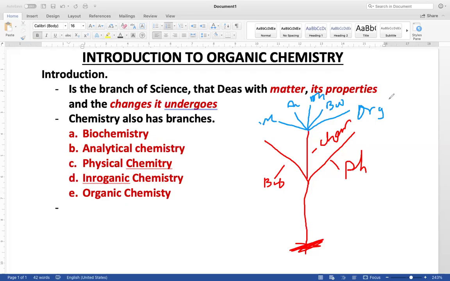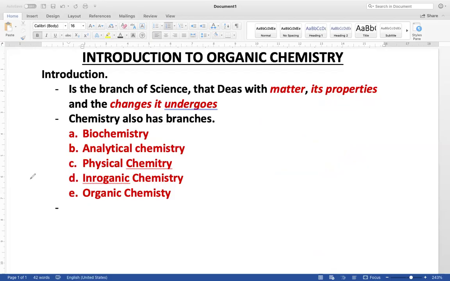So out of this, today we'll just look at this one branch of chemistry, which is called organic chemistry. Now, what does organic chemistry involve? We have a general statement: matter, its properties, and the changes it undergoes.